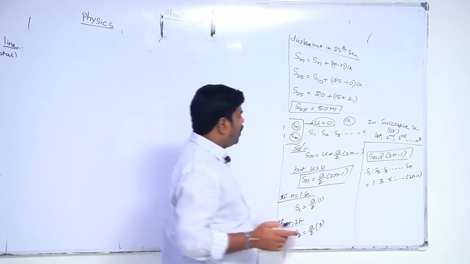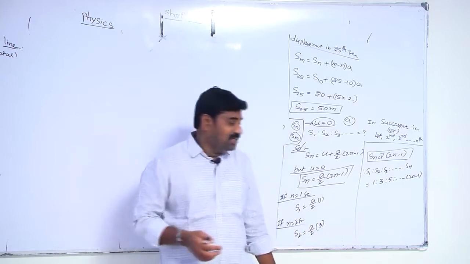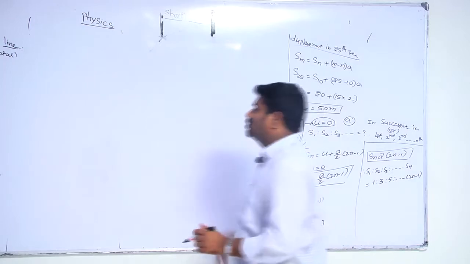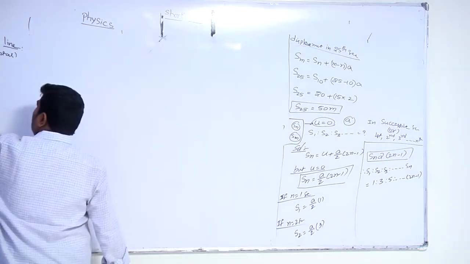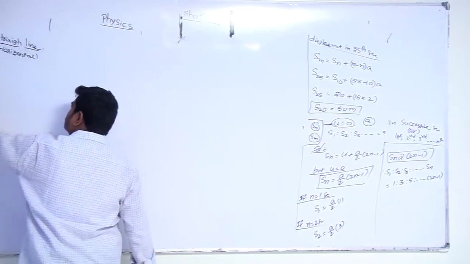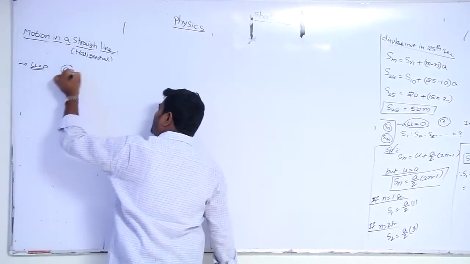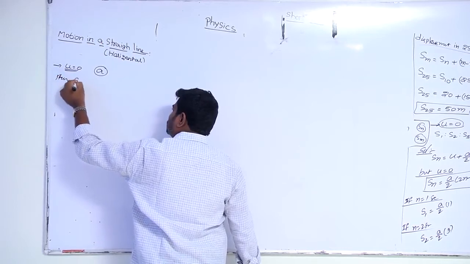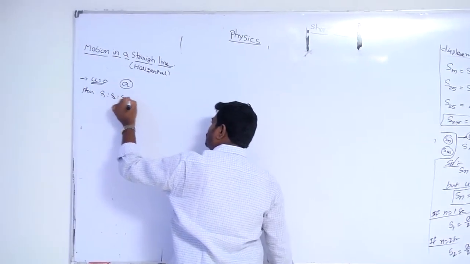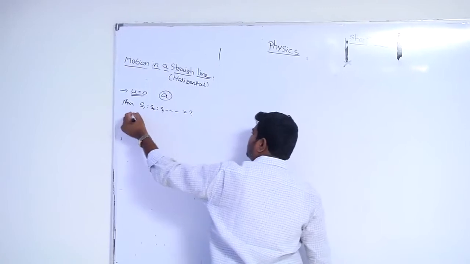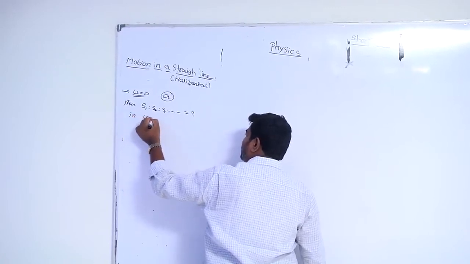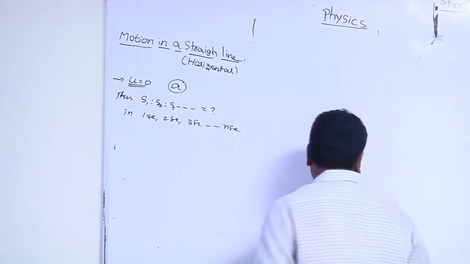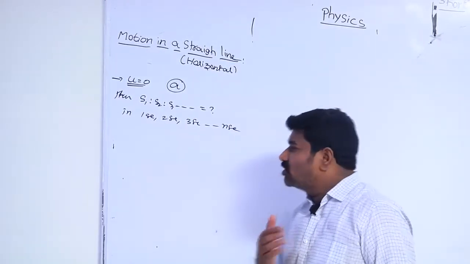Now we want to find the ratio of the displacements in 1 second, 2 seconds, 3 seconds, up to n seconds, for a body starting from rest with uniform acceleration a.